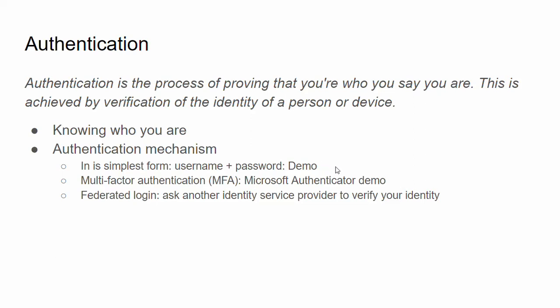And if you want to add more than a password to verify, that's what we call multi-factor authentication. You are providing more factors into consideration for authentication. Instead of only a password, you will also have something from your cell phone, for example, Microsoft Authenticator, right?